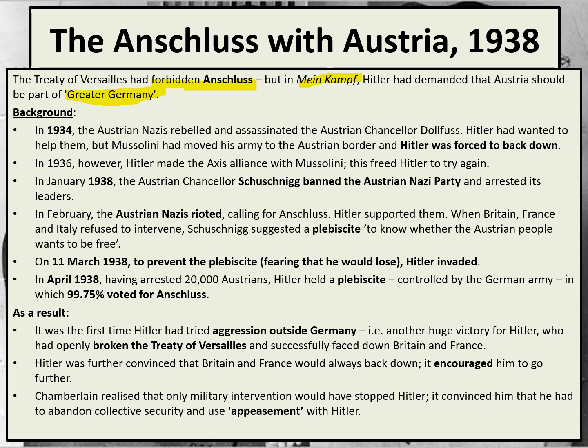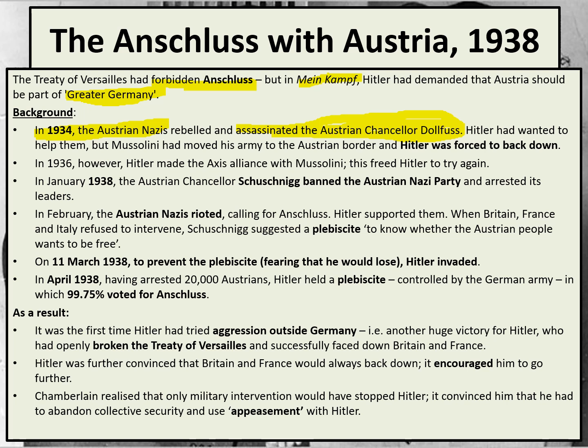So what was the background? Well, right from the very beginning of Hitler's time in power, there had been Nazis spreading throughout Austria. So in 1934, the Austrian Nazis had rebelled against the government and they had murdered the Austrian Chancellor Dollfuss. It looked in 1934 as if Hitler was going to take over Austria.